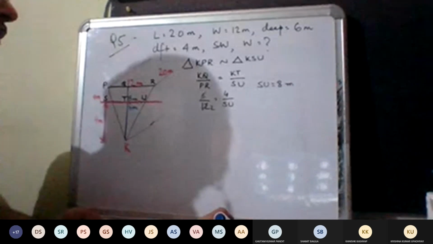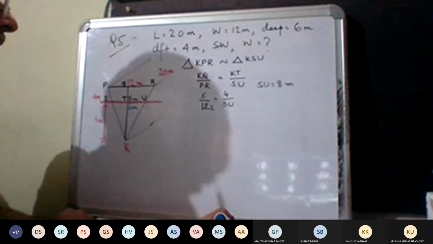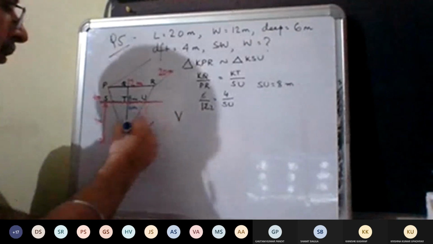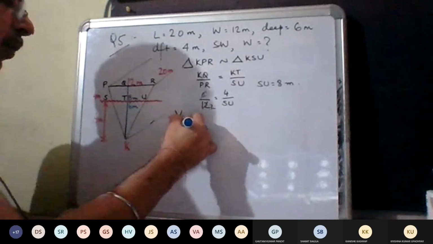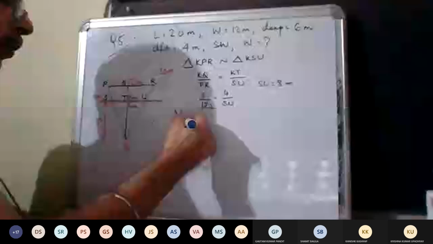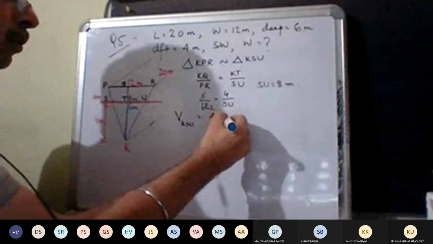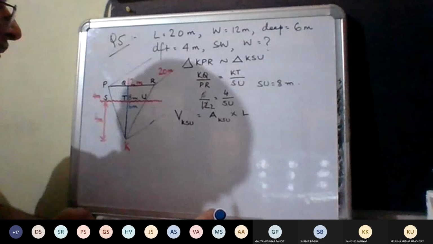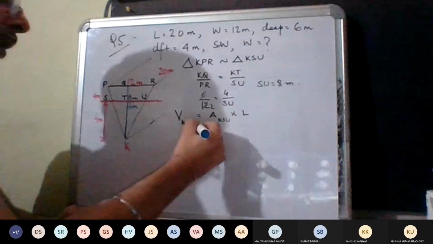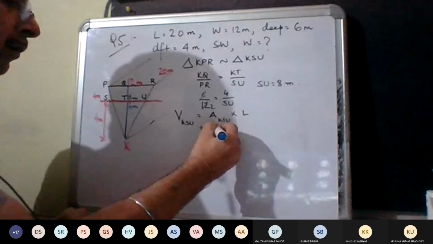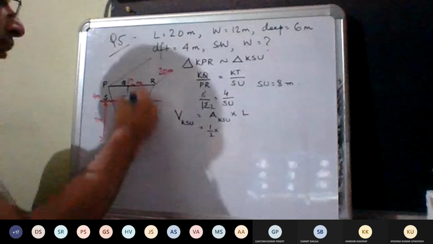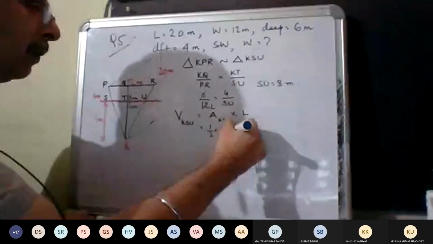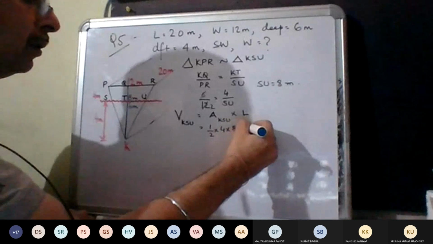All right. Now my underwater volume of KSU is equal to area KSU into length L. Area KSU is half into base into height, into 4 into 8, into the length 20.